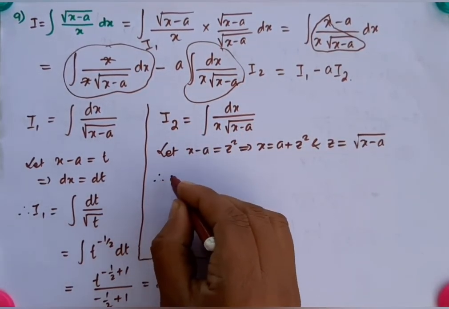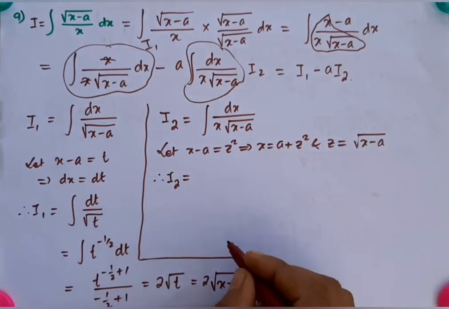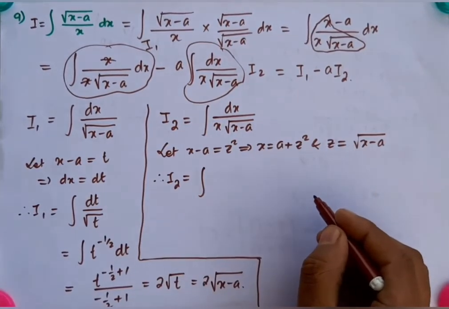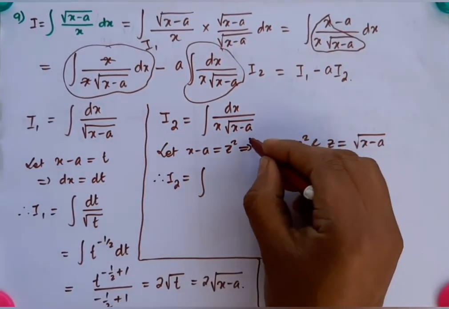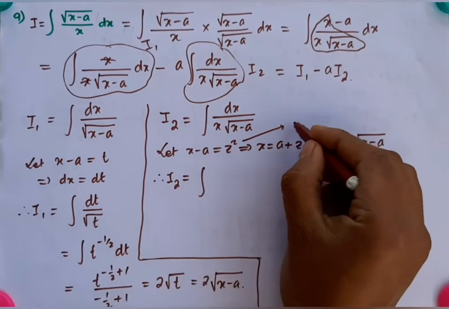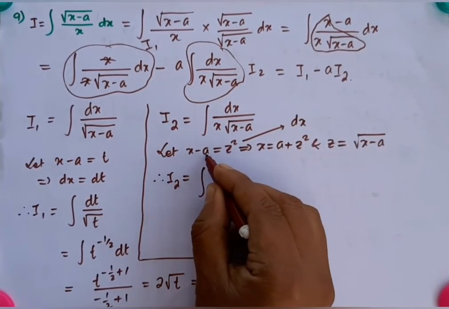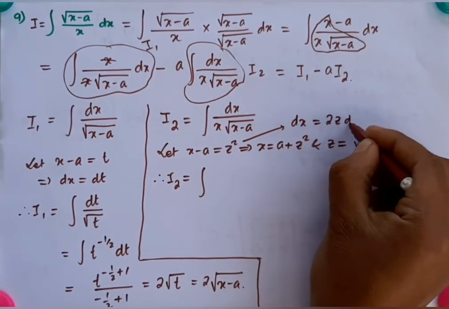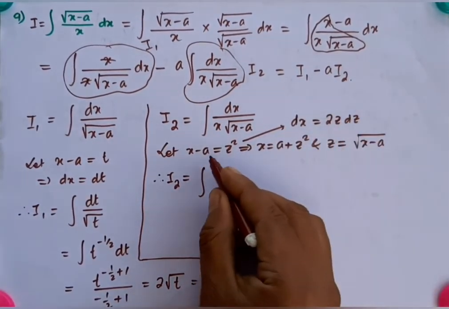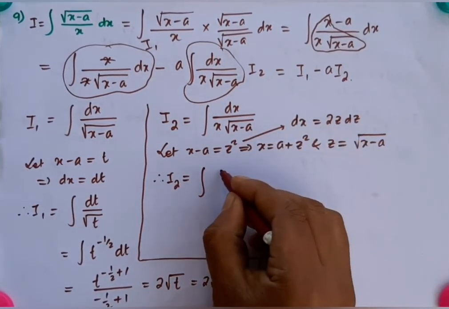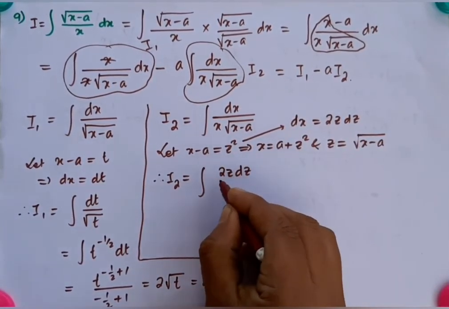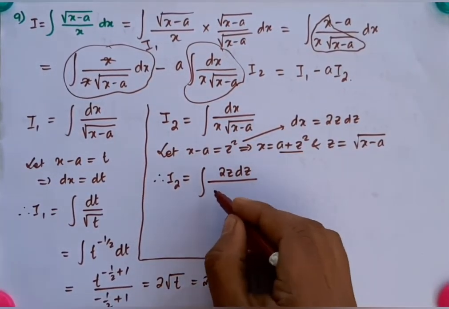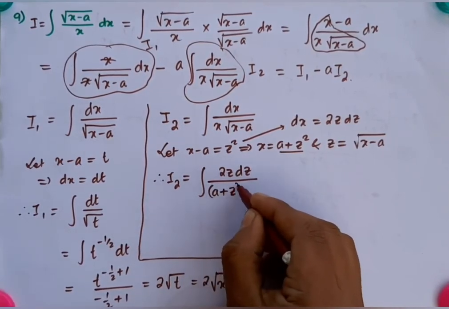Now let's go back to I2. I have to differentiate also. So dx: differentiation of a is 0, so this becomes 2z dz, right? So dx can be written as 2z dz divided by x, and instead of x I have to write a plus z square.